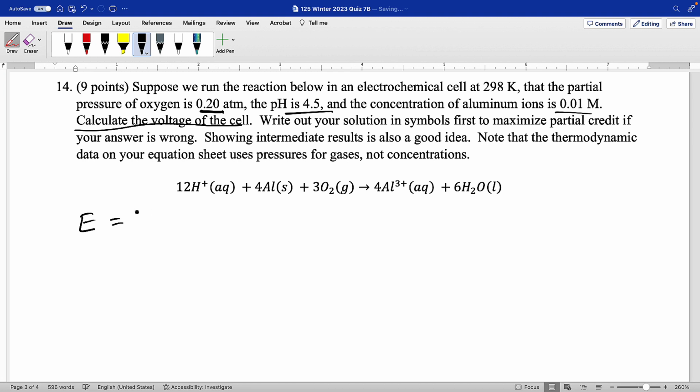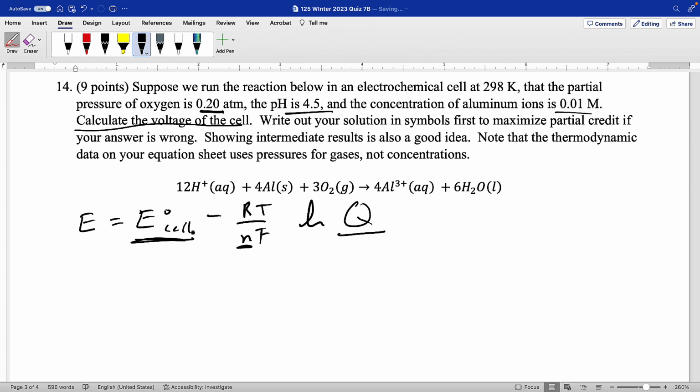So E is equal to E naught for the cell minus RT over NF log of Q. So then we need to find these pieces. We need to find the numerical value for Q. We need to know how many electrons are being transferred, and we need our standard cell potential. So we've got to break this down into a bunch of pieces.